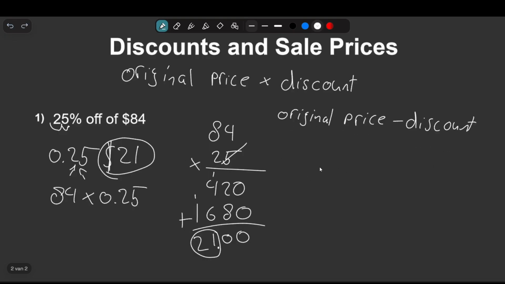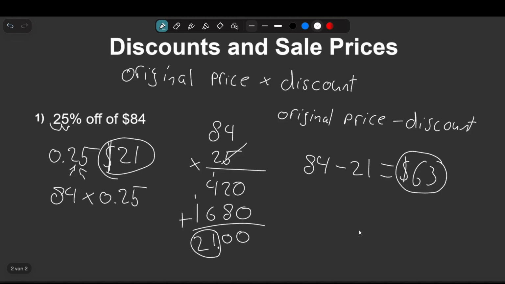So our original price was $84, and we're going to subtract $21, and this will get us to our final answer of $63.